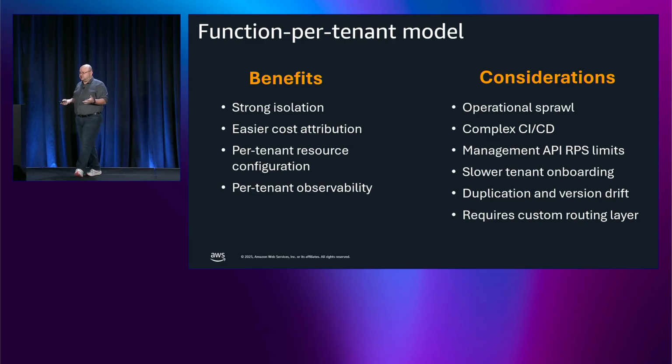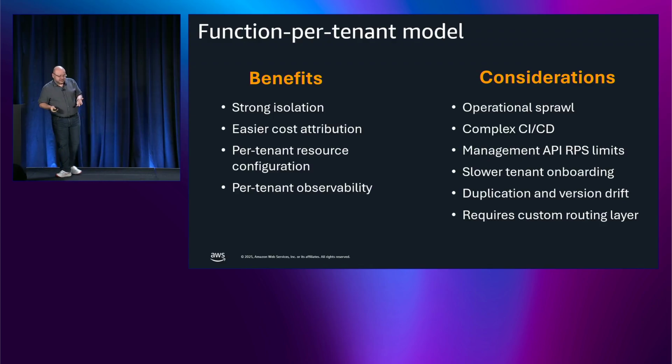But there are also considerations, like operational sprawl. Yes, those are serverless functions and there is no infrastructure to maintain, but 50,000 is 50,000. It's a huge number. Good luck managing your CDK, Terraform, etc., and that's just one function with 50,000 tenants. So it gets harder to maintain at scale.